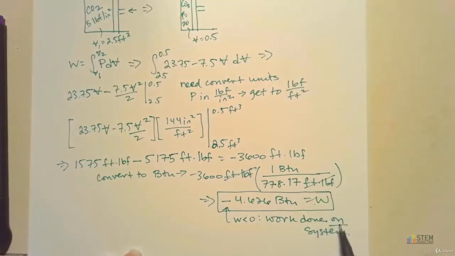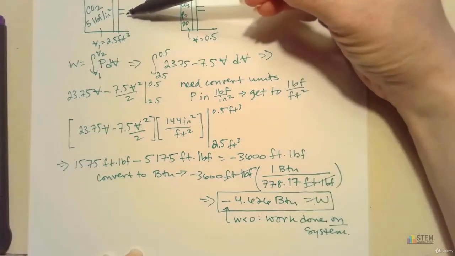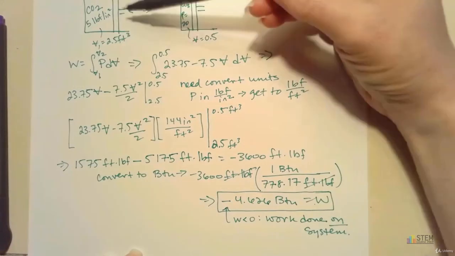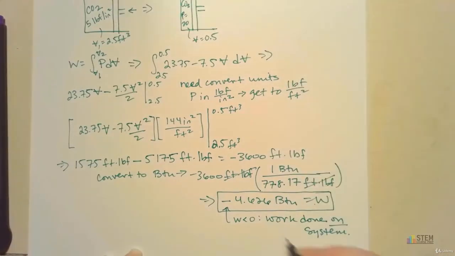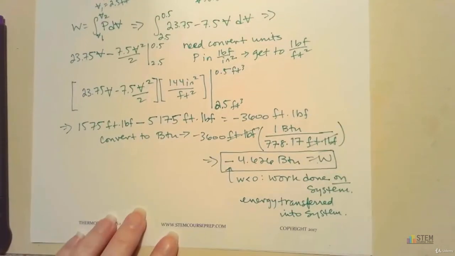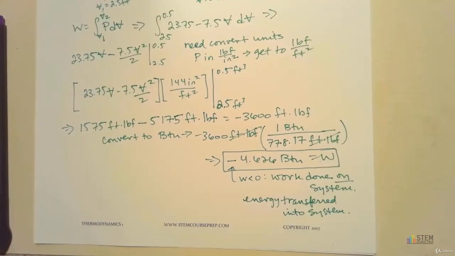So work done on the system means there's something external to the system that is transferring energy in, right? So something is causing motion from the outside. So that's why those signs are important. So here, energy is transferred into the system. Okay, and that's why that piston is able to move to the left. Without that external energy, it wouldn't be able to move to the left.